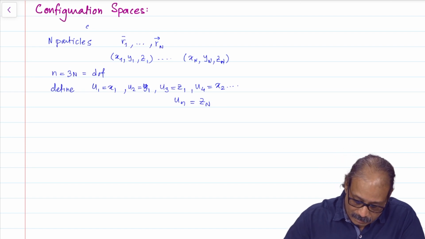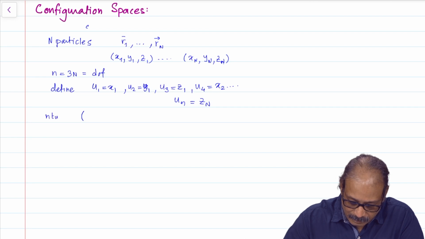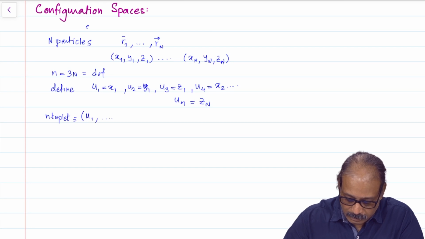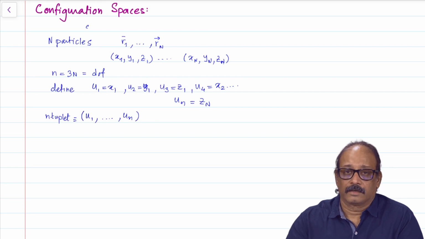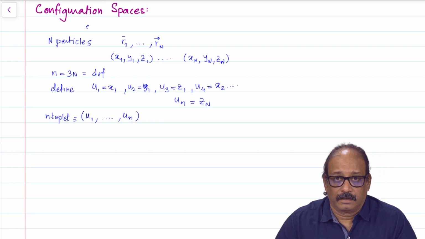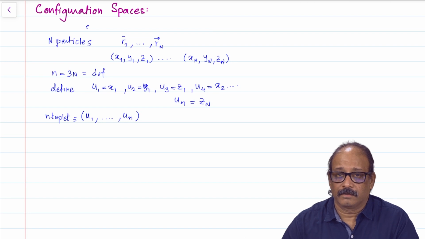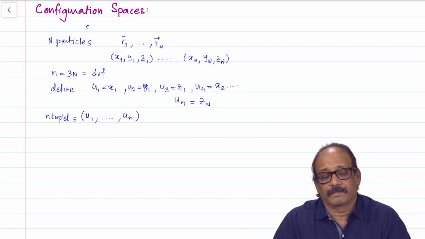So, there are 3 n coordinates which I will put in the n-tuplet u1 to un. Okay. So, the relabeling of the coordinates as u1 to un gives you all the coordinates of all the particles.